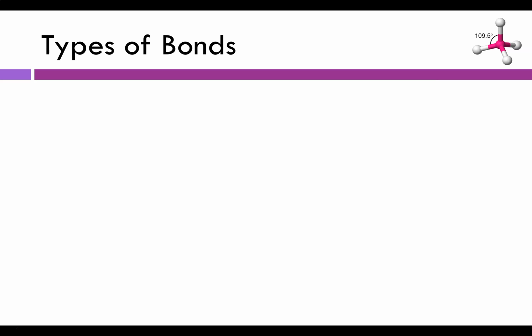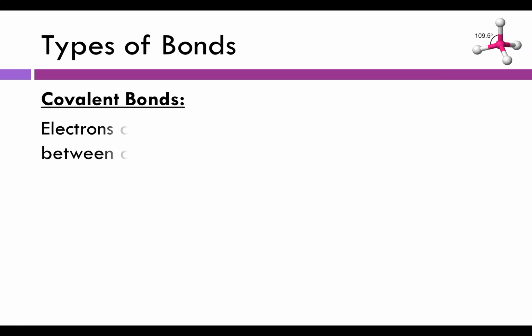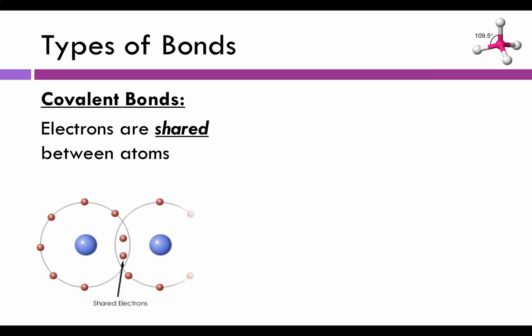Just a quick little piece of information about different types of bonds. Covalent bonds, we're talking about sharing. So electrons are going to be shared between atoms. Like we saw with that hydrogen and chlorine bond, we have a pair of electrons being shared. You've got that overlap of orbitals, those electron clouds, and that pair of electrons is our bond.